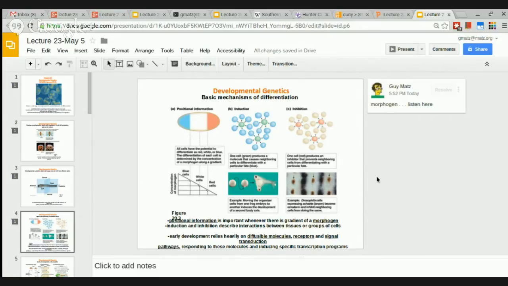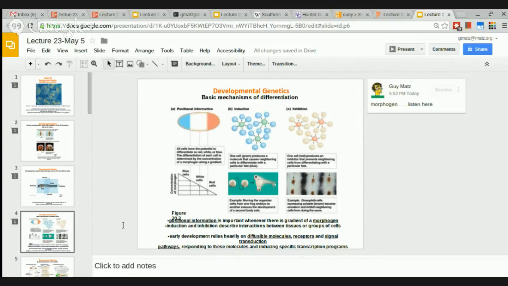And now you understand what I was telling you in the first slide. That's why when you study development, you're really studying a lot of ligand receptor interactions and signal transduction pathways responding to an external factor such as an inhibitor or an inducer.